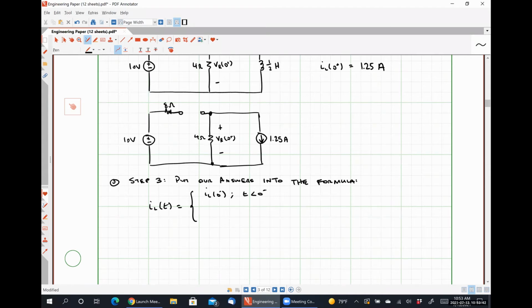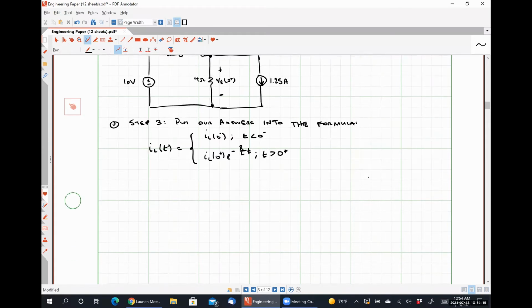And then based on what we learned earlier in class today, we'll have IL at 0 plus times e to the negative R over L times t for t greater than 0 plus. Our inductor current, I cannot emphasize this enough, will always behave exactly like this in any system where we're removing independent sources from influencing the inductor.